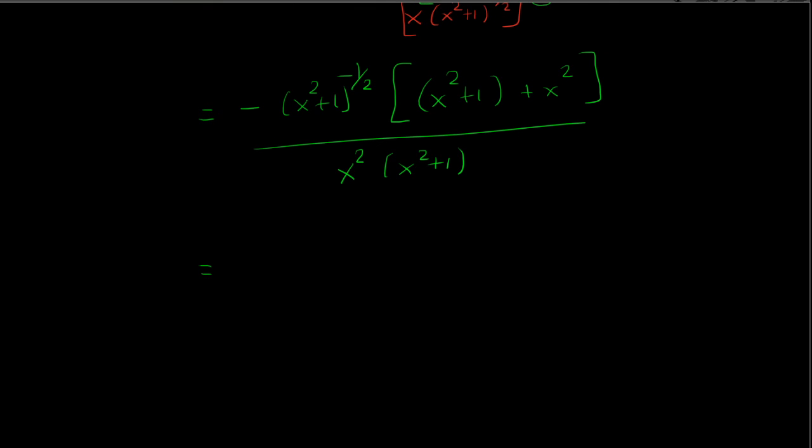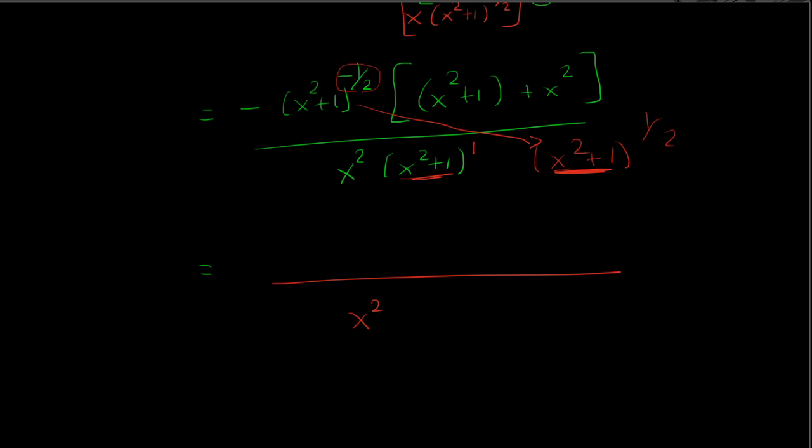Okay, this negative 1/2 is going to come on the bottom. So we can think of this as just 1 to the 1 power. So we're going to end up bringing this down here as x squared plus 1 to the positive 1/2. And then they both have the same base, so we're just going to add the exponents there.